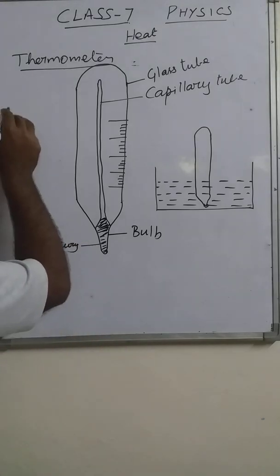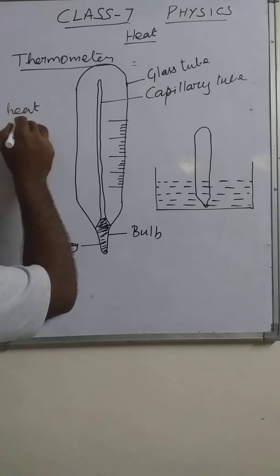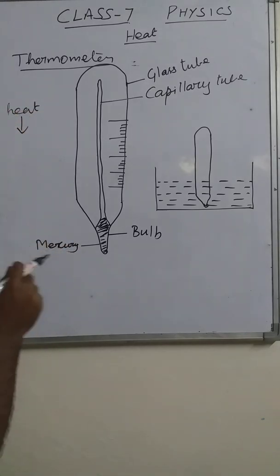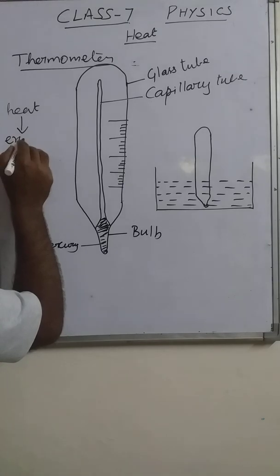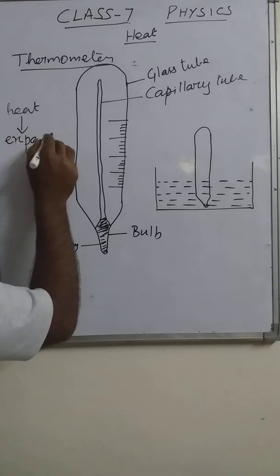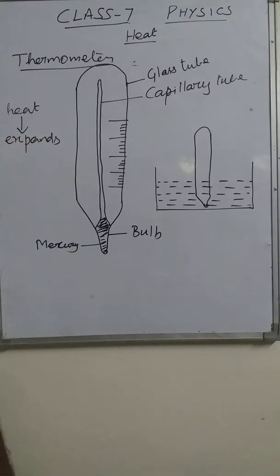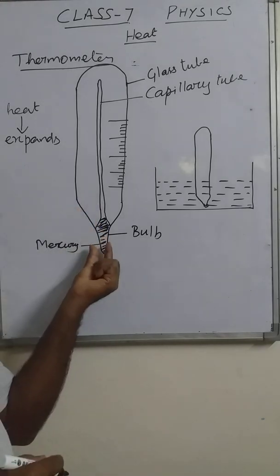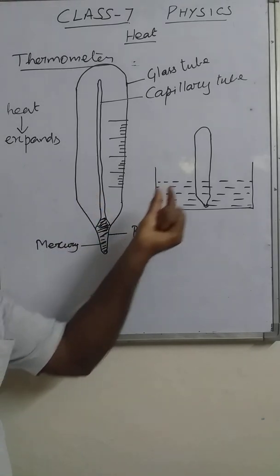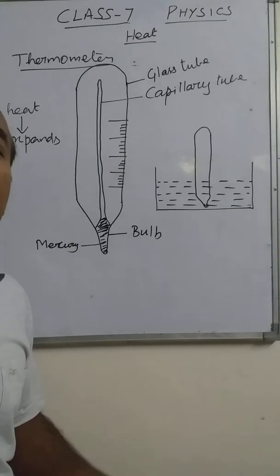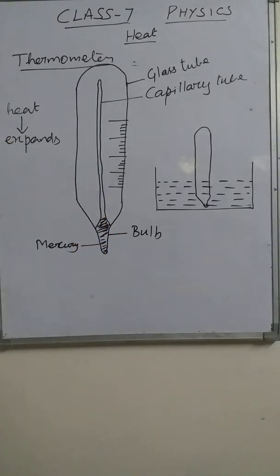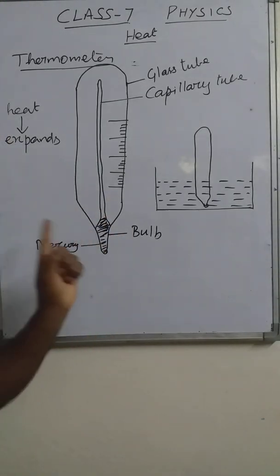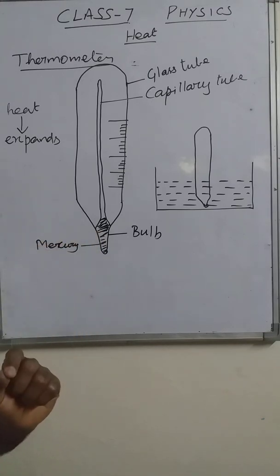When we heat anything, due to the heat supplied, everything expands. Expand means its size increases. Here also the mercury filled inside the bulb starts to expand, to increase its size.